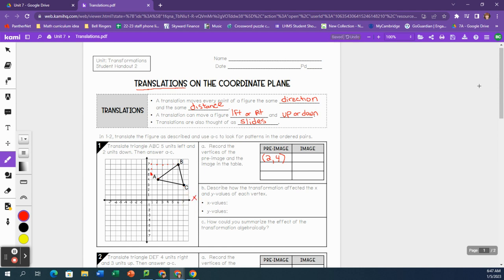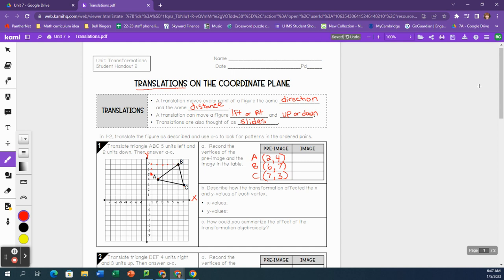This is your X. This is your Y. B is at 6, 7. So we're going to put it there. And then C is at 7, 3. This is A. This is B. And this is C.